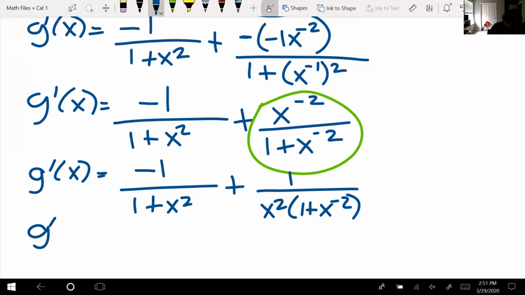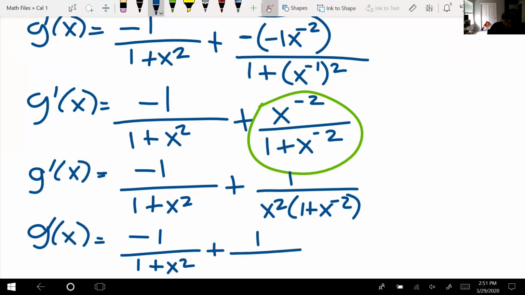And we get g prime of x equals negative 1 over 1 plus x squared plus 1 over x squared plus 1. And guess what this whole derivative becomes, all of this just to have a simple answer of 0. Crazy, huh? Crazy.